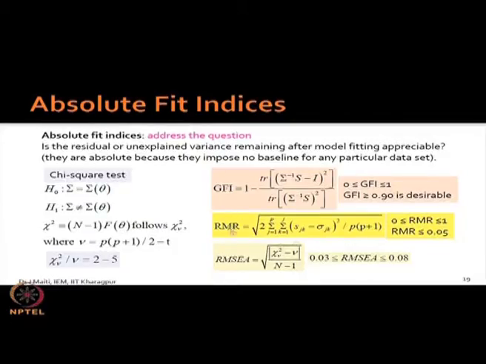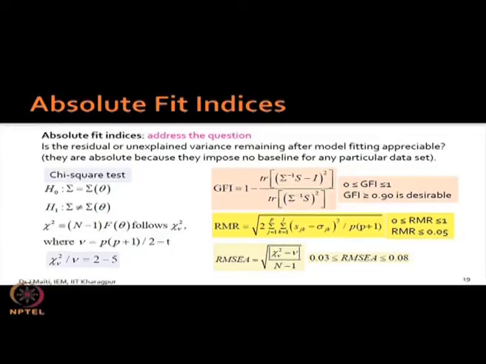So, now another index is RMR. This is where each value of the S matrix and the corresponding value of the estimated matrix, that is sigma, are compared.